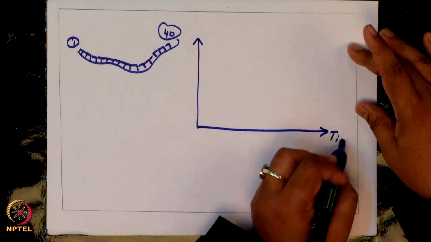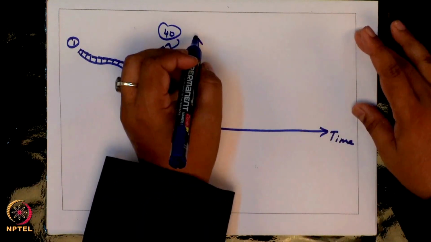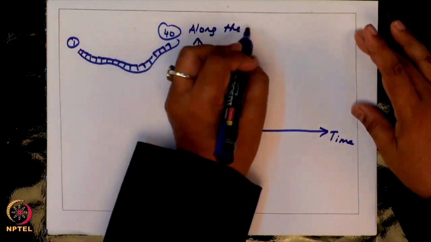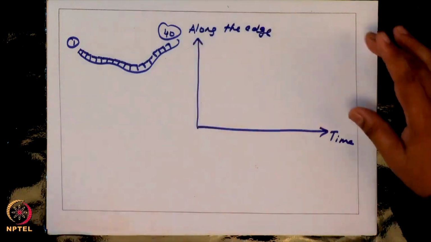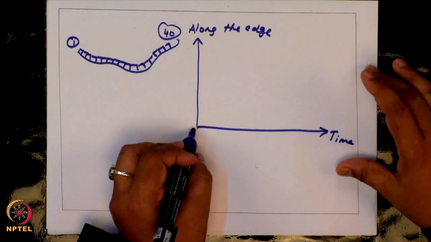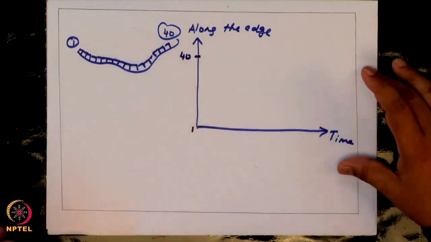Your x axis is time, and the y axis is whatever you are plotting, but along the edge. Let us say position 1 is here and position 40 is here.